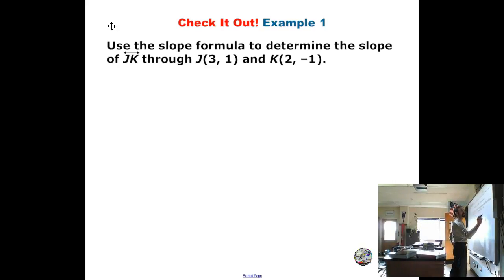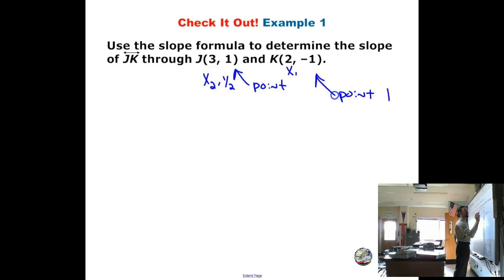Let's say that this is going to be point 1 and then this is point 2. Which means this 3 is x2, and this 1 is y2, and this 2 is x1, and this is y1.